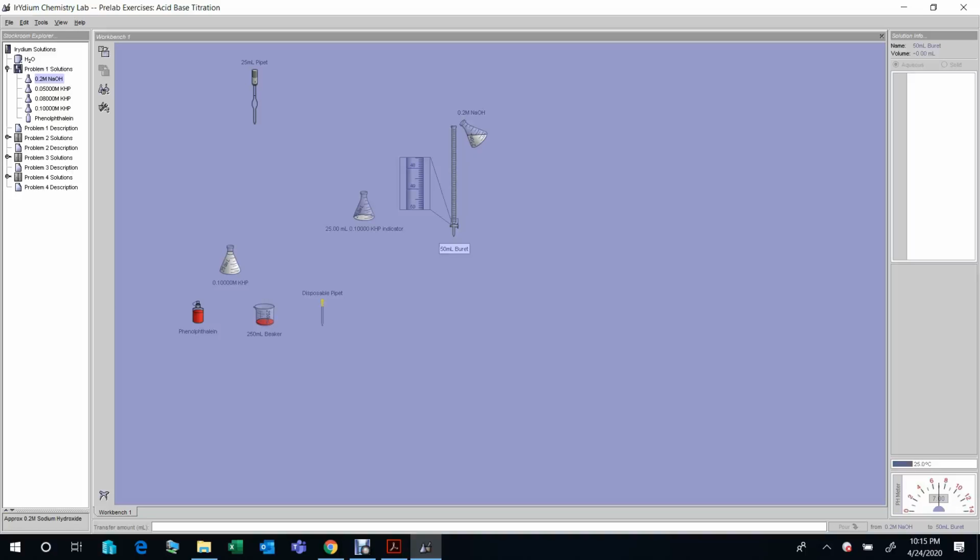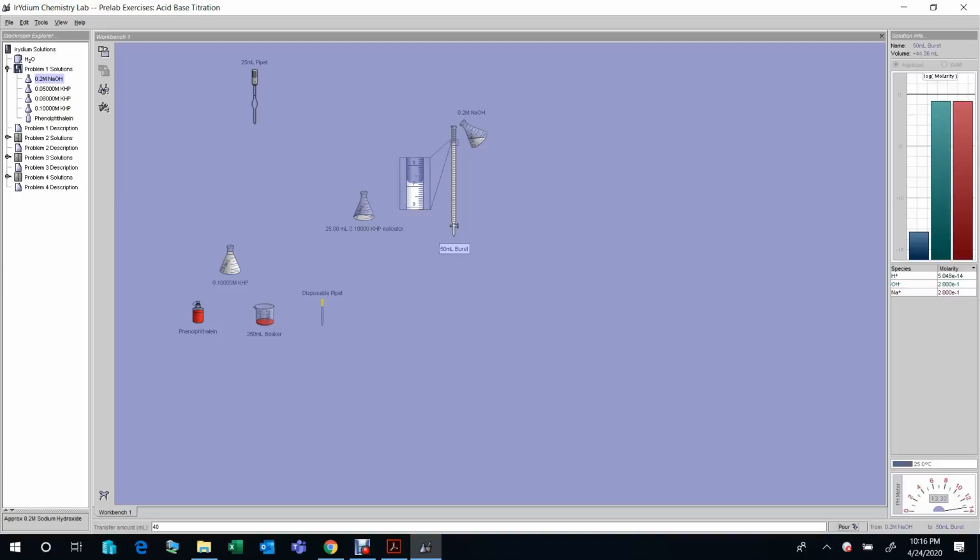And when we transfer 40 milliliter solution, you see the solution reached that level. Okay, you see that?